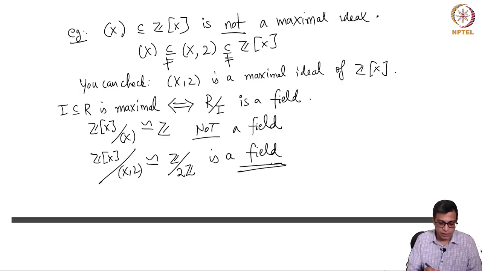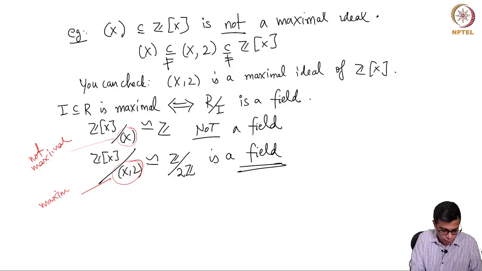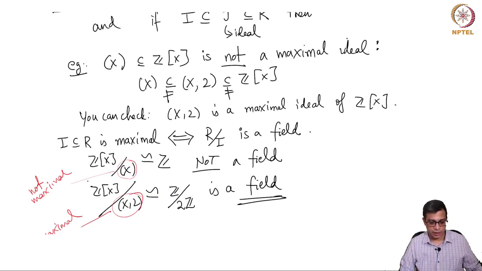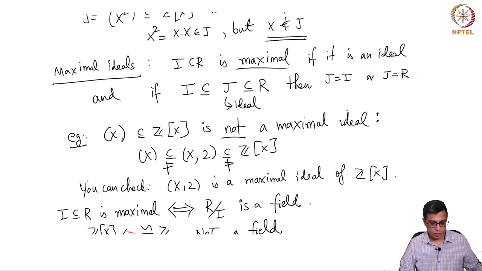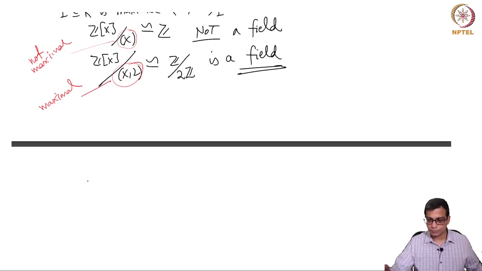So this is a field, so that means this is not maximal, and this is maximal, right? So these are important notions, prime ideals and maximal ideals.